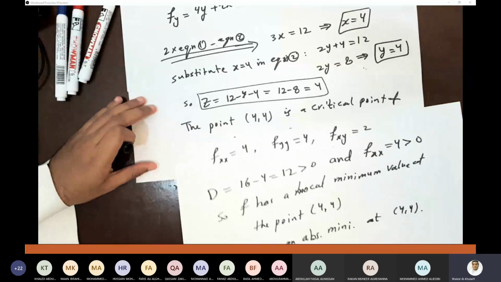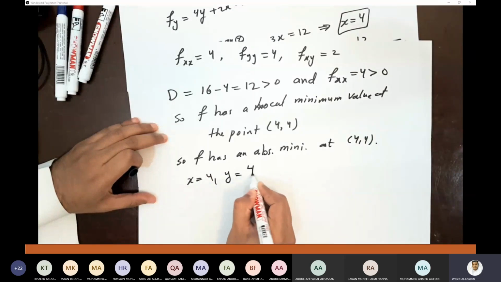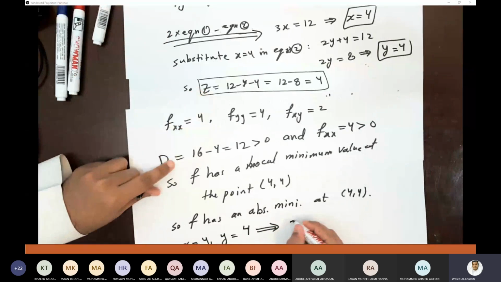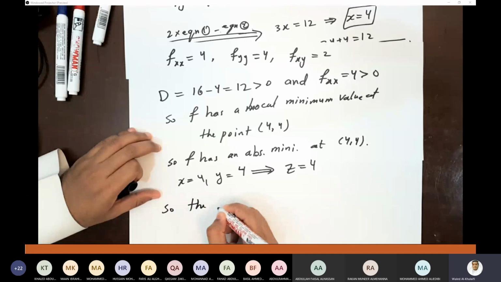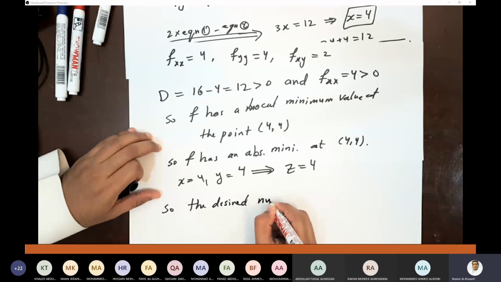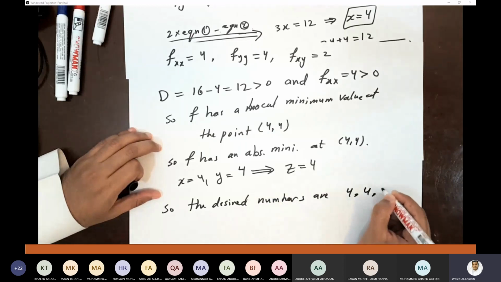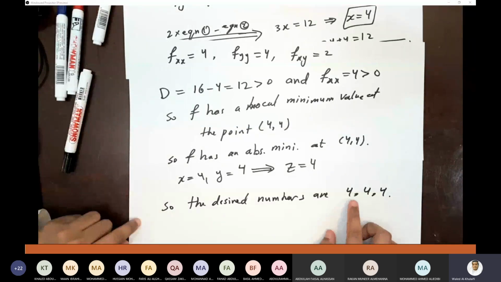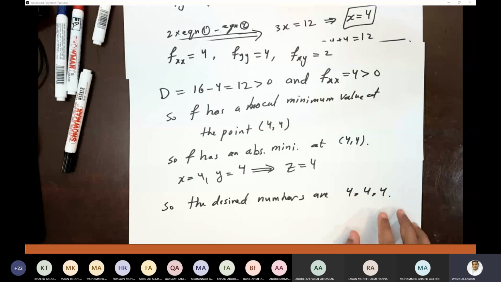Now, x equals 4, y equals 4. This implies that, I mean, we did the calculation for z, which is here: z equals 4. So the desired numbers are 4, 4, 4, whose sum is 12, and the sum of their squares is the lowest you can get.